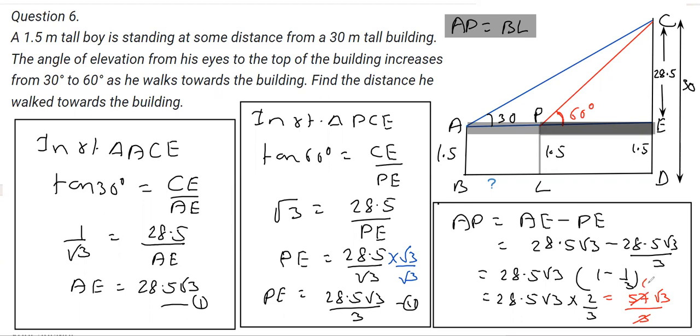This is 19 times root 3. So we got the length of AP, which is the same as BL, and that is equal to 19 root 3 meters. That is our required thing. We have to get the value of this, which we have calculated here.